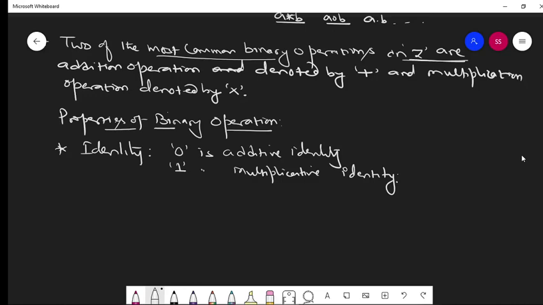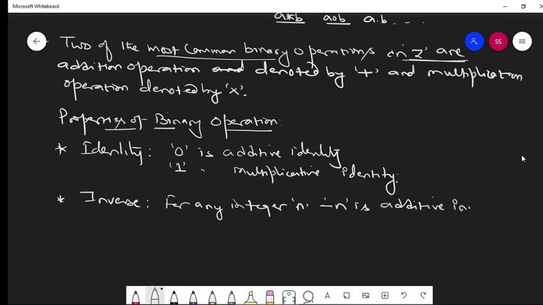That is identity. And next is inverse. For any integer n, minus n is the additive inverse, since n plus minus n equals 0.